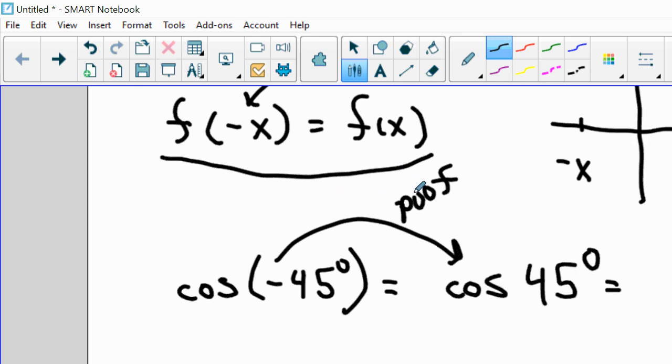And of course I memorized this off the unit circle. It's the x coordinate, which is the square root of 2 over 2. Or you could memorize your special right triangle and go 1 over the square root of 2, and then rationalize.